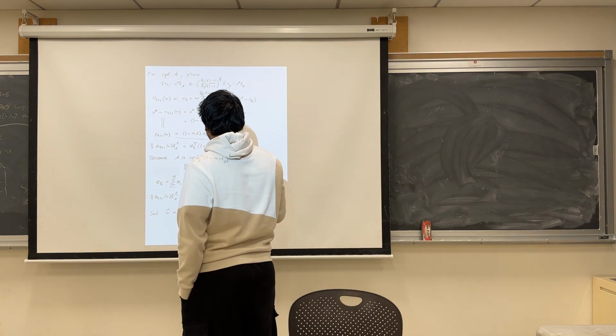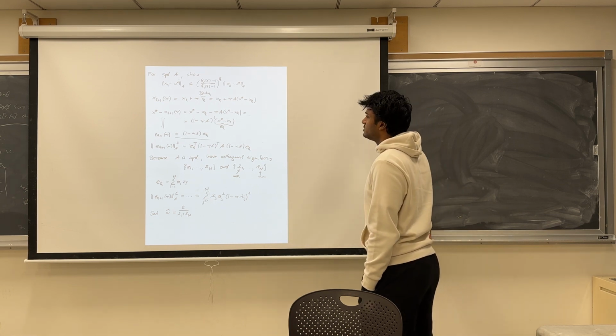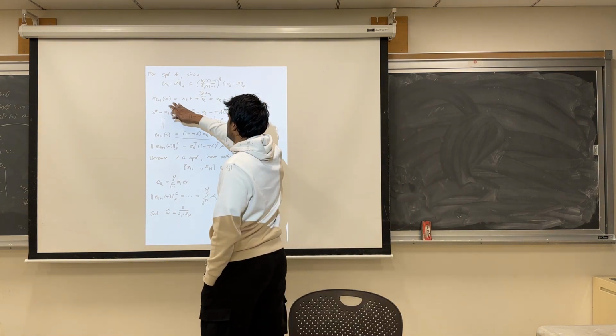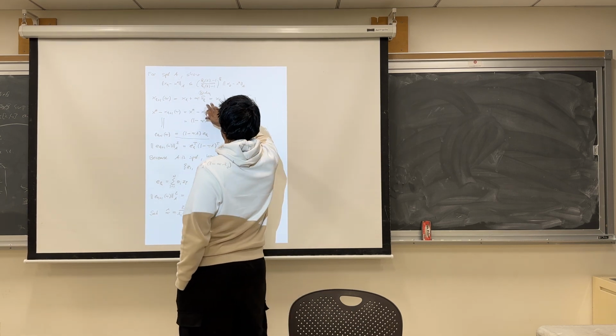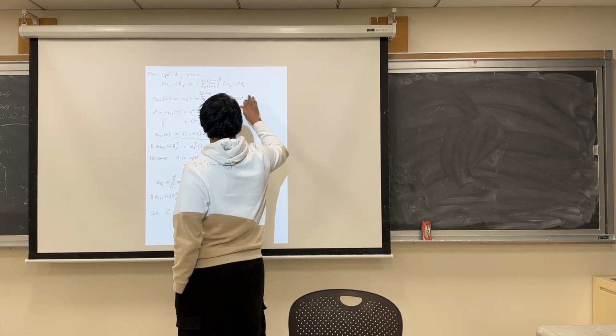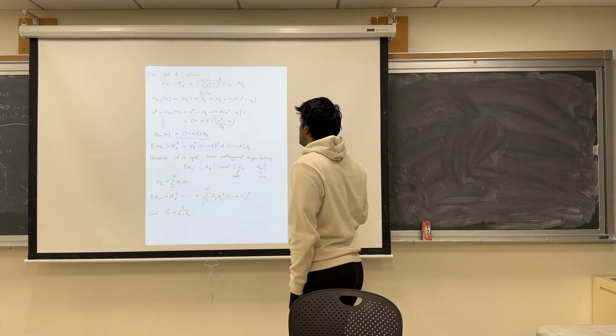I am satisfied up till here. Can you see this? x_{k+1} is x_k plus alpha r_k, where alpha is just this one. I just see the errors, and this is what I get.